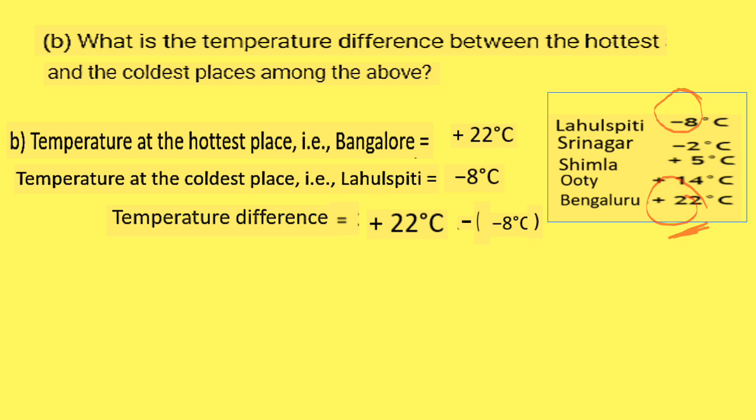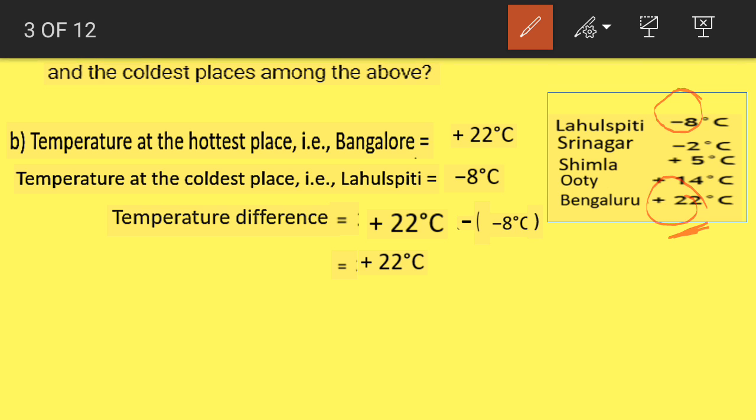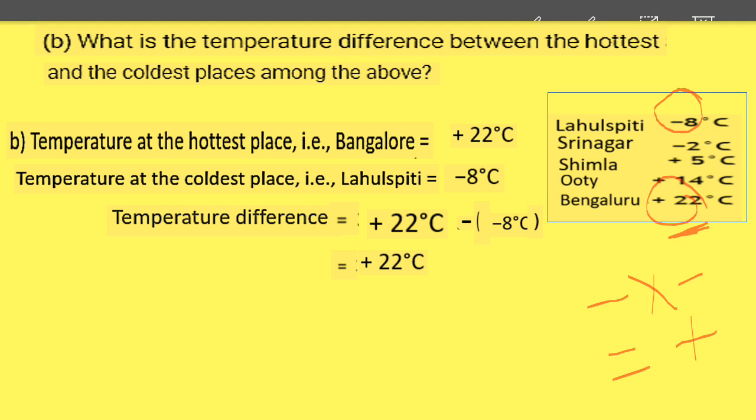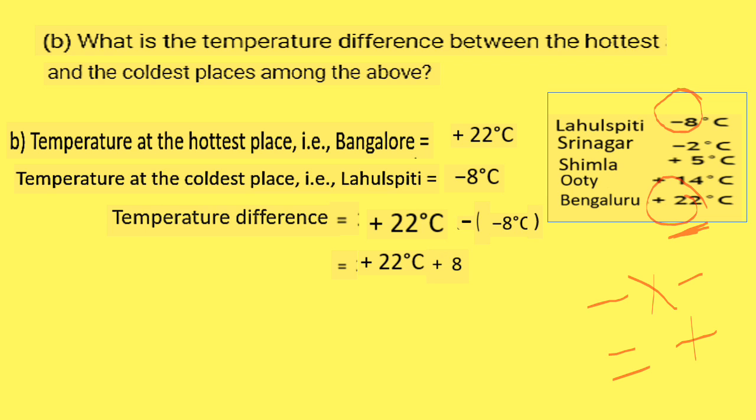So my next step will be to remove the brackets. Okay, plus 22 degrees Celsius will come as it is. Look here, bracket means multiplication. So minus into minus. What is minus into minus? Minus into minus is equal to plus. So I'll write plus here, plus 8 degrees Celsius.